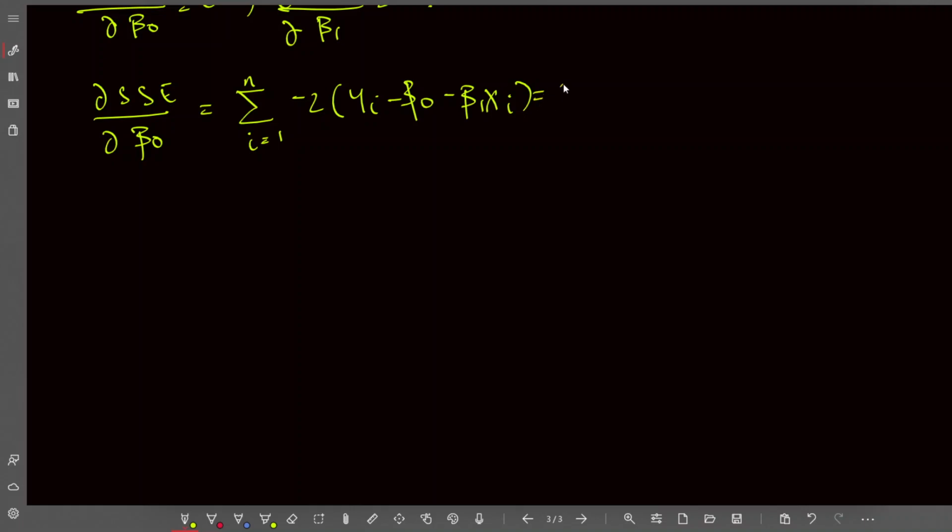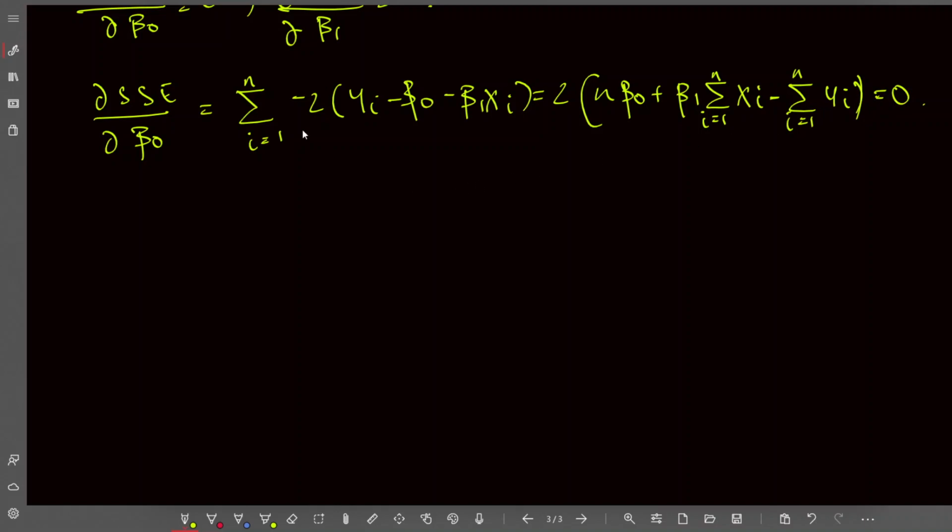This is equal to 2 into (n beta naught plus beta 1 summation i equals 1 to n x_i minus summation i equals 1 to n y_i), equal to 0.